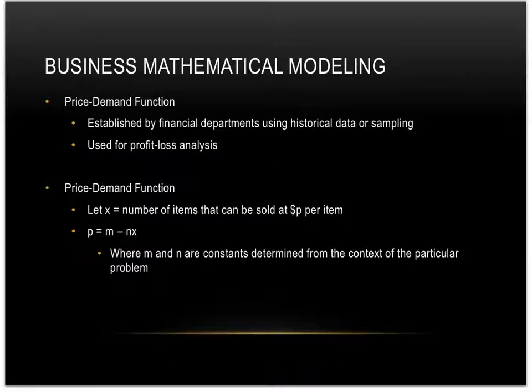For a price demand function, we could let X be the number of items that can be sold at $P per item, where M and N are constants, again determined by the particular context of the problem.